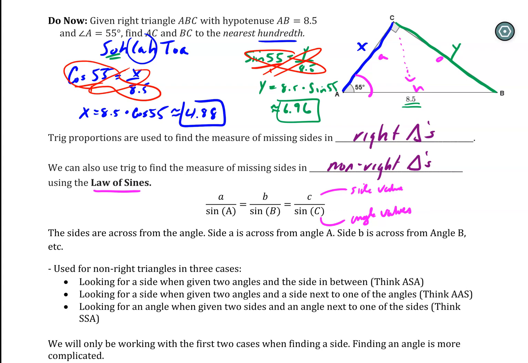So when we have this information, we can utilize the angles and their sine values and the relationship they have to their corresponding sides. One of the things you have to be careful about is the setup, and the sides are across from the angles. For example, side little a is across from angle A, and then little b would be across from angle B, and so on and so forth.